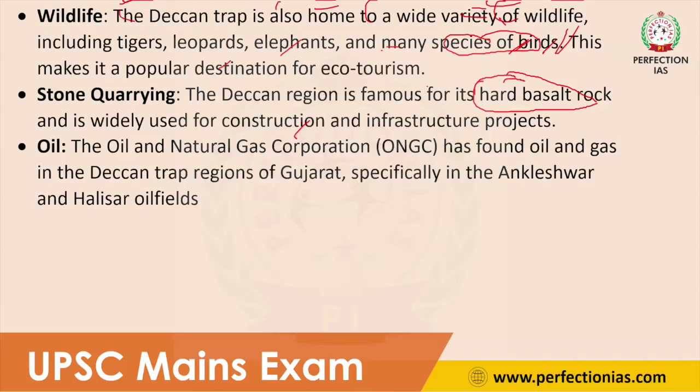ONGC has found oil and gas in the Deccan Trap region of Gujarat, specifically the Ankleshwar and Halisa oil fields. These are the important oil fields situated in the Deccan Trap region of Gujarat. So this region is also blessed with oil resources.